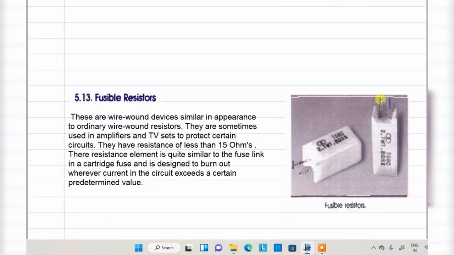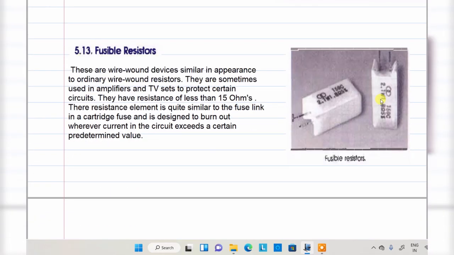Then we are moving to the fusible resistor. The name itself suggests a fuse. What is the purpose of a fuse? To protect the circuit, right? So this fusible resistor has the same function of protecting the circuit.